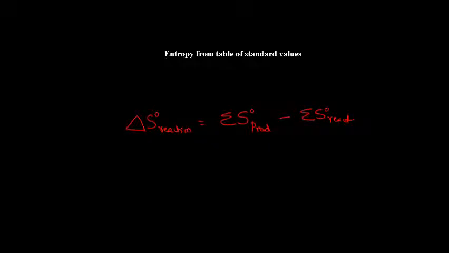That means if standard values are given for reactants and products, we can find the delta S, that is the change in entropy of the reaction, by taking the sum of entropies of the products minus the sum of entropies of the reactants. Since the values are standard values, we have to show 0 on S. So delta S0 reaction equals sigma of S0 of products minus sigma of S0 of reactants.